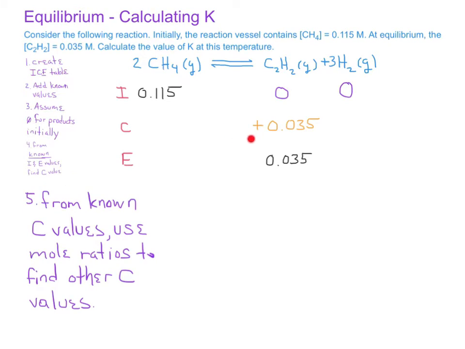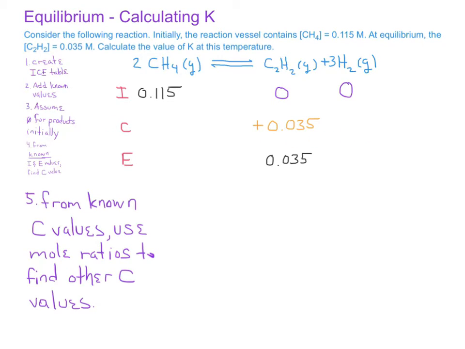Once we know one of the values for the change for either the reactants or products, from that known value, we can use mole ratios from the balanced chemical equation to find the other change values. Now it's important to remember that the only place we're going to use mole ratios is only for values in the change row of the ICE table.